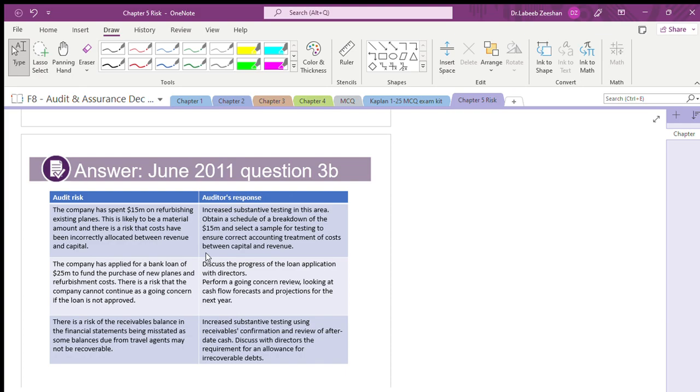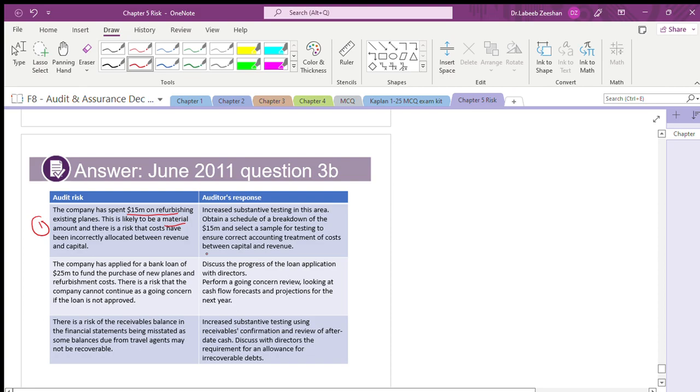I will give this type of question, not this week, next week. Understand? Next week there will be a question on audit risk and audit response. Fine? Now, what is the first one they say? They say that they have spent 15 million on refurbishing. This is a very material amount. It's not a small amount.